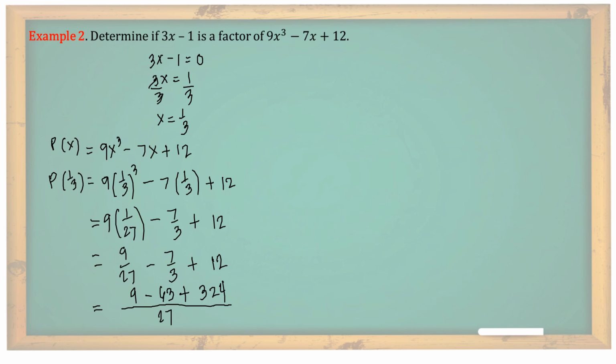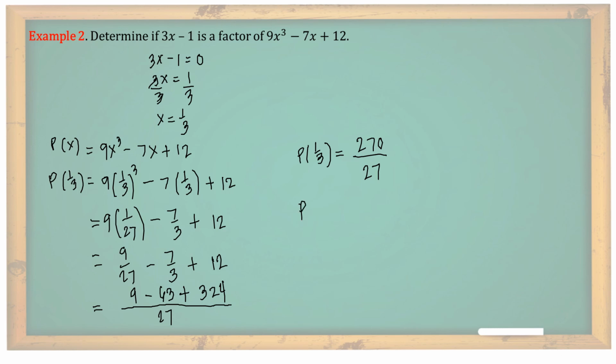So, we have now P of 1/3. P of 1/3 equals to 9 minus 63 plus 324 is 270 over 27. 270 divided by 27 is 10.